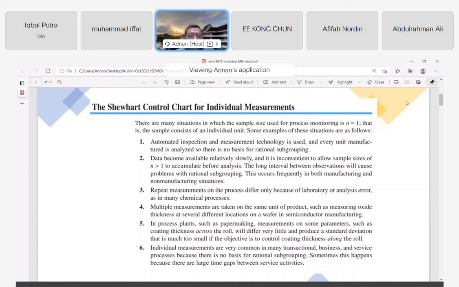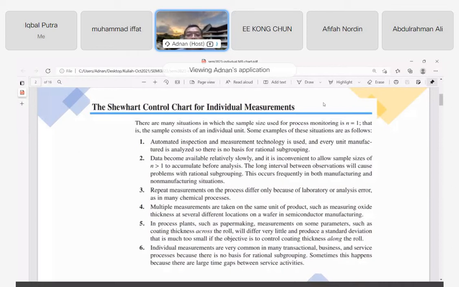So this is becoming more important now, measuring individual values rather than the average of n, which is the subgroup size. Normally, as I mentioned earlier in the X bar chart, we can take, for example, n equal to 4 or 5. But now, because of automation, we can measure individually, which is n equal to 1.